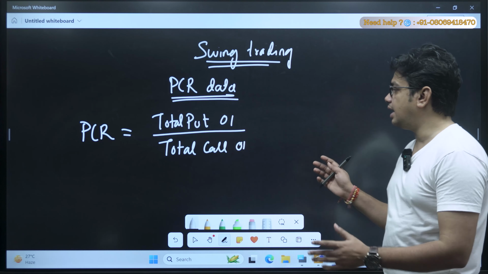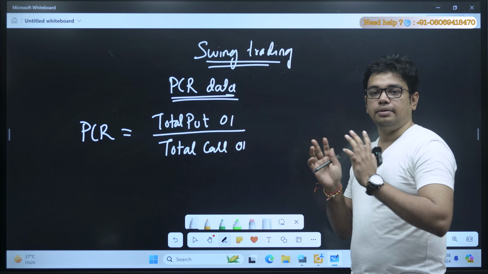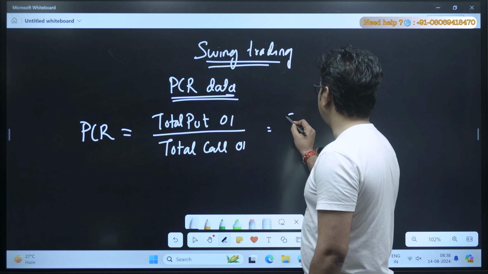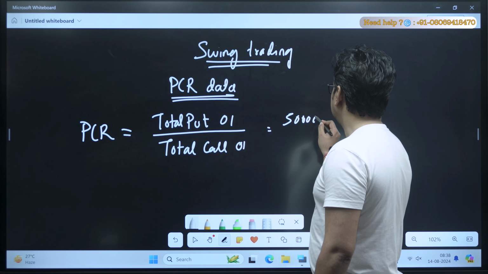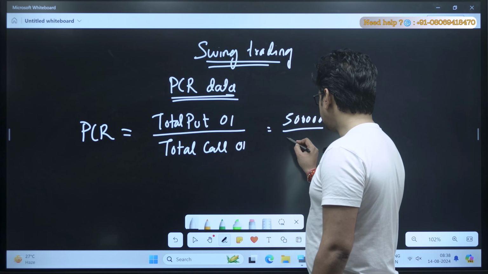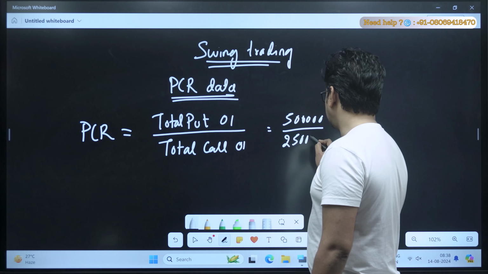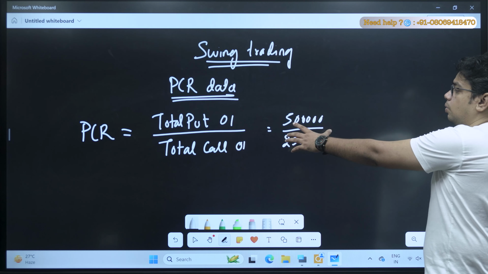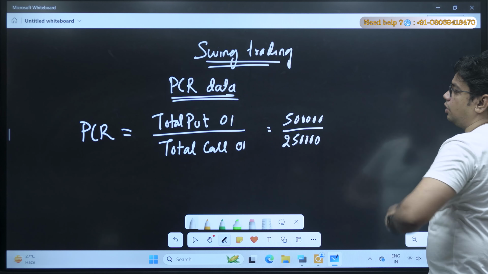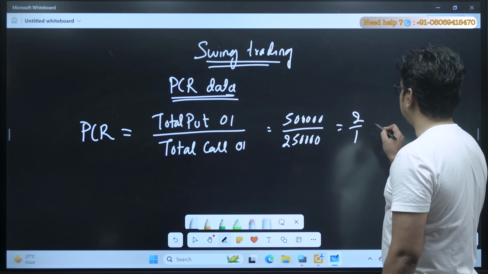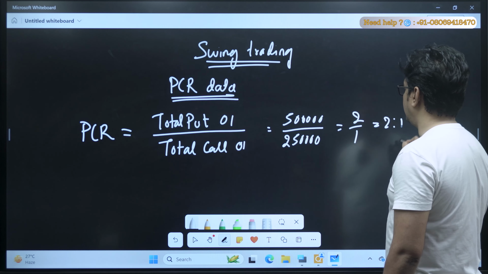Let us just say I am taking an imaginary number. Let us just say here the value is around 5 lakh and here the value is around, let us just say, 2,50,000. So, you can see the put OI is twice the call OI. So, the PCR ratio will come like this, 2 upon 1, it means 2:1.